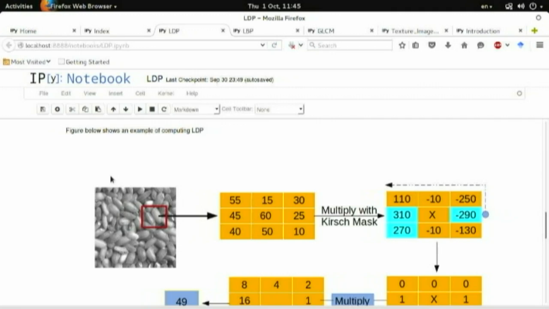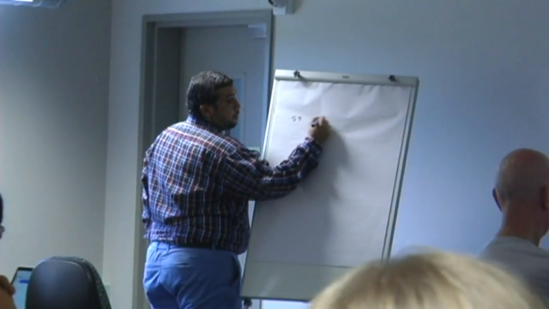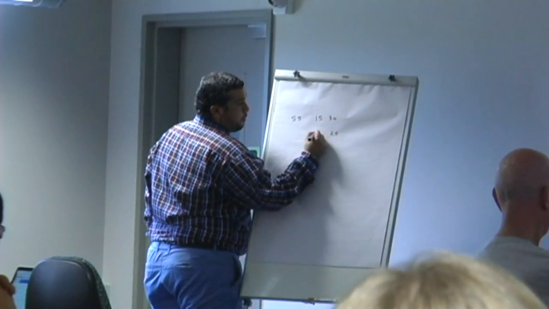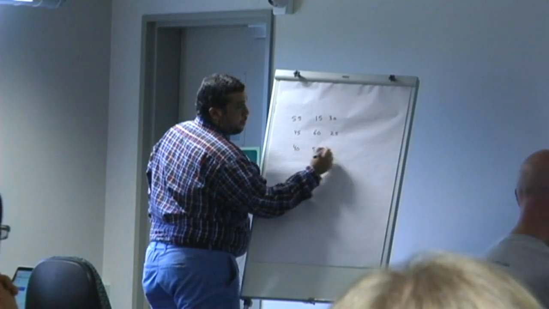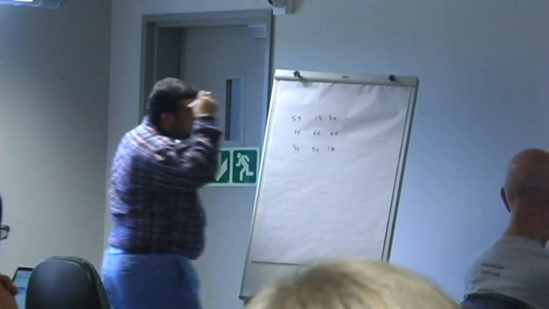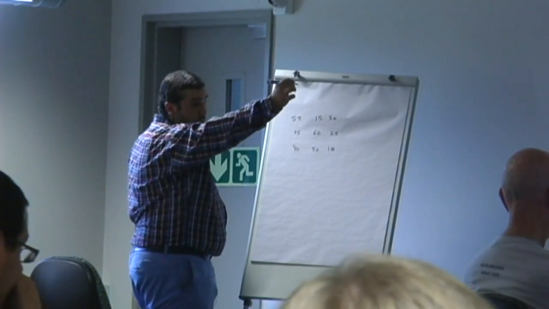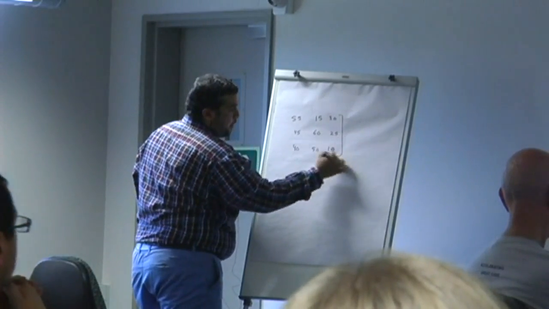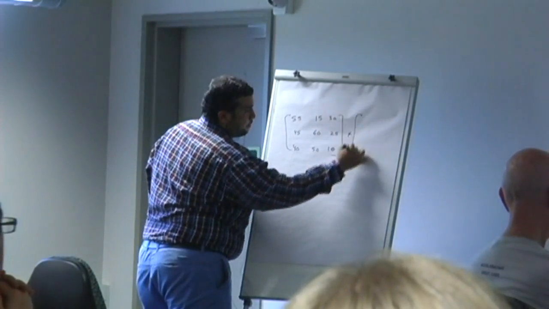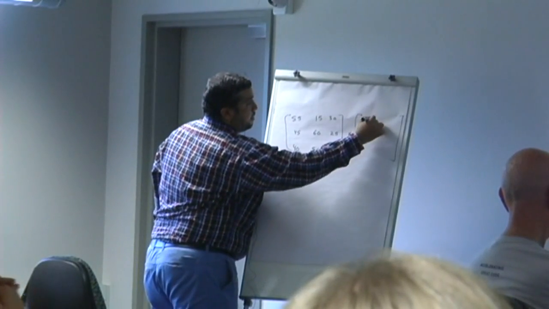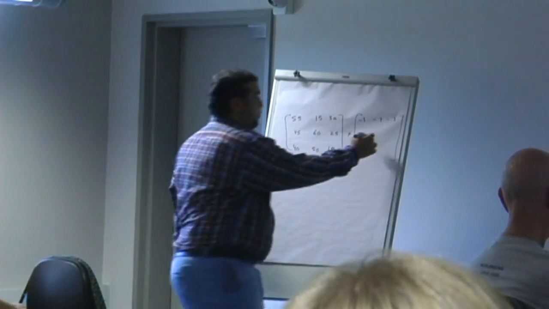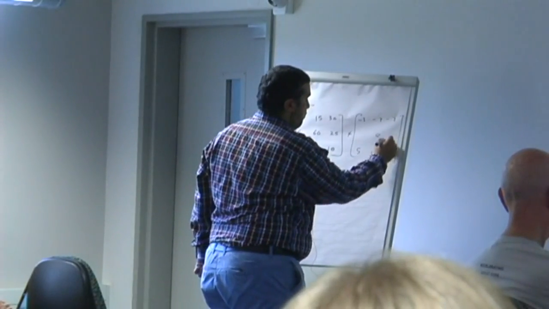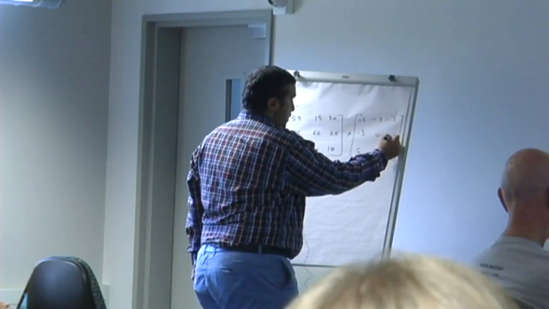So now we have this matrix, the original one. How do we get, for example, the 290? We multiply it with the first mask. I think it's -3, -3, -3, 5, this one's 0 for sure, 5, 5, 5, -3, -3.